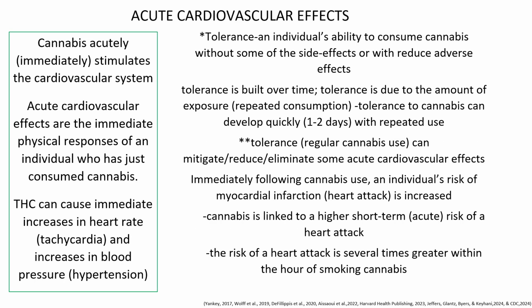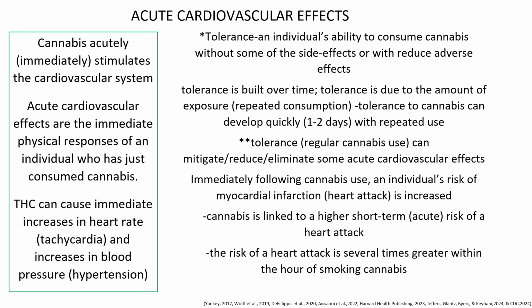Cannabis acutely, immediately stimulates the cardiovascular system. Acute cardiovascular effects are the immediate physical responses of an individual who has just consumed cannabis. THC can cause immediate increases in heart rate and increases in blood pressure. Tolerance is an individual's ability to consume cannabis without some of the side effects or with reduced adverse effects.